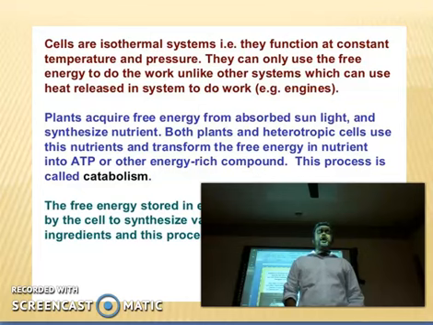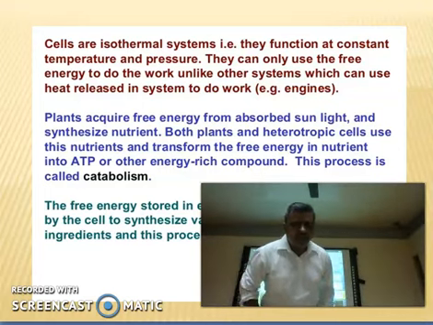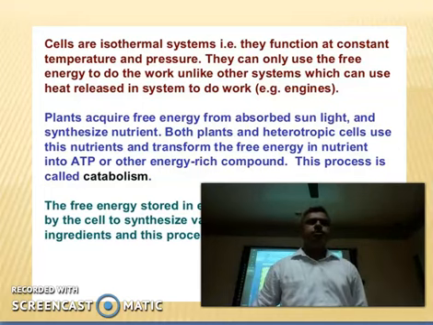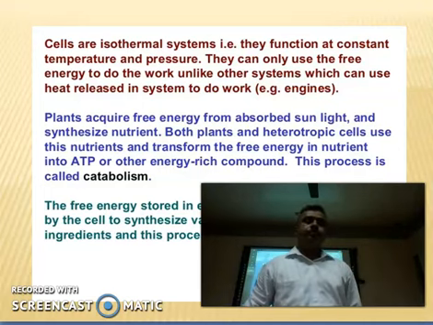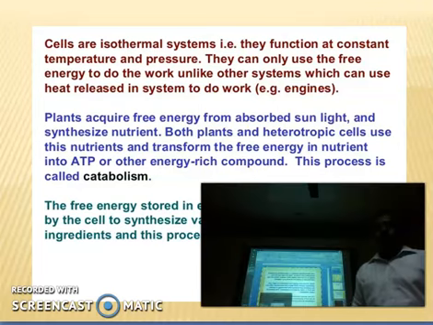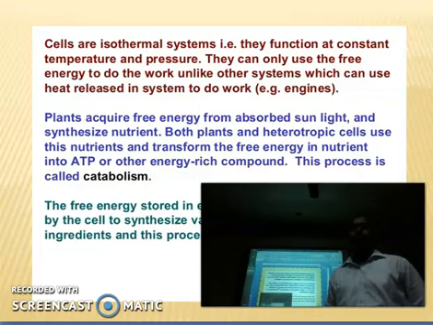They can only use the free energy to do work, unlike other systems which can use heat released in the system to do work, that is an engine. So the plant requires free energy from absorbed sunlight to synthesize nutrient.